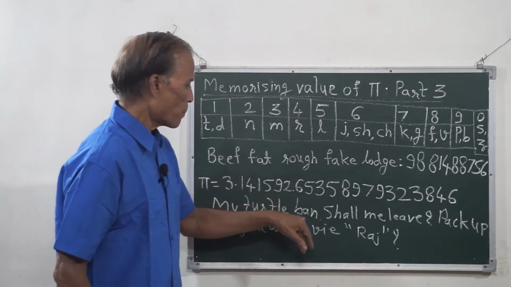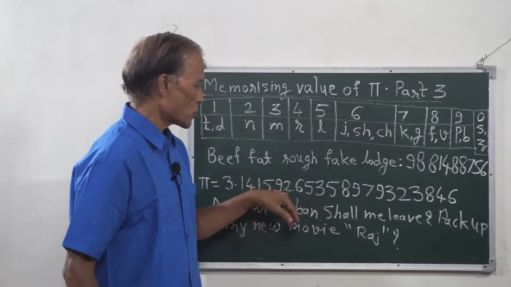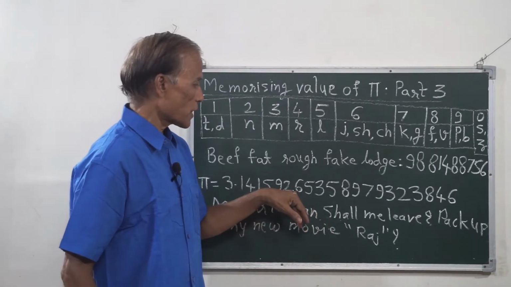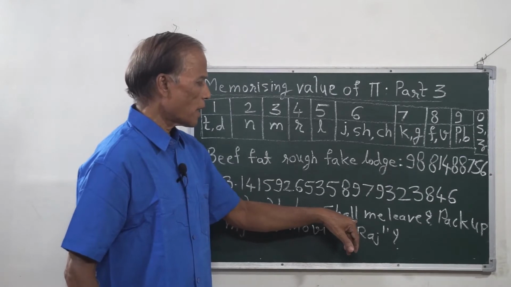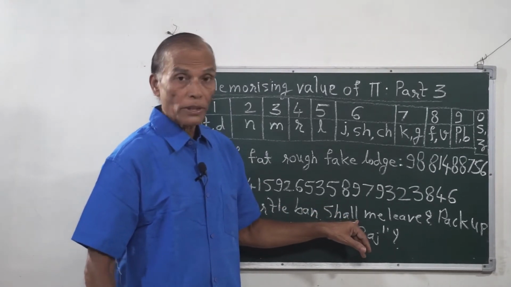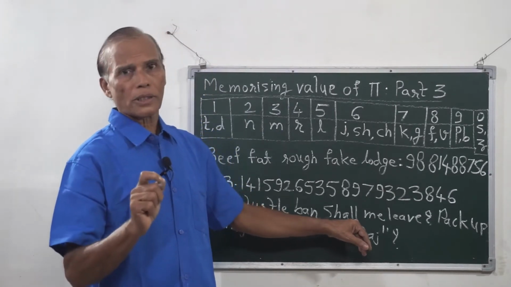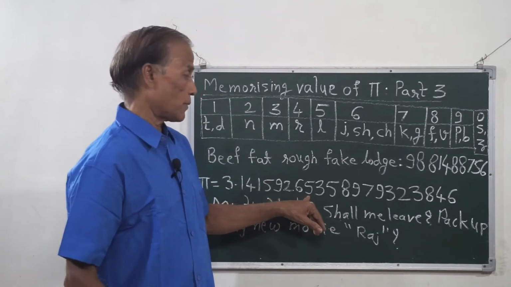Then ban, B gives us 9 and N gives us 2, SH sound gives us 6, L sound gives us 5. Now see here, L is used 2 times in shall, but the sound is only once, so we get only one 5.